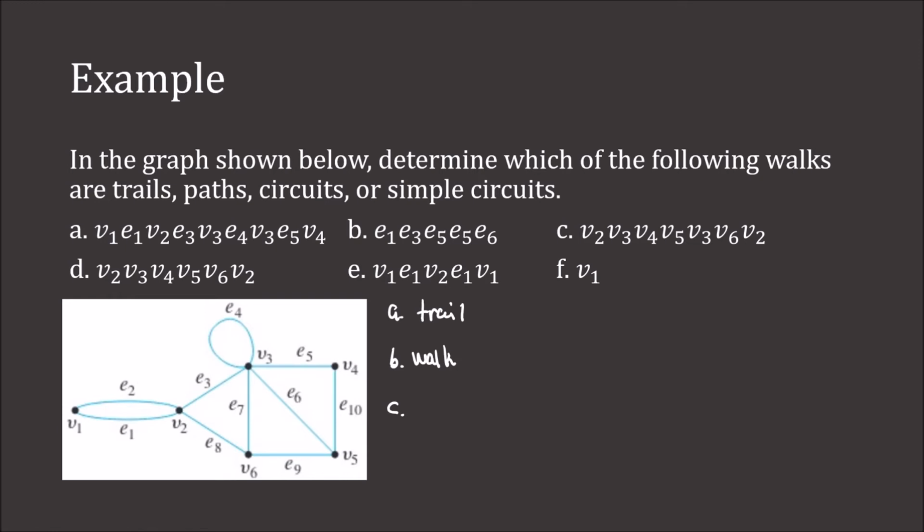So it starts and ends at V2. It contains 6 distinct edges. So this is a circuit. But since V3 is being repeated, it is not simple. So this is just a circuit.